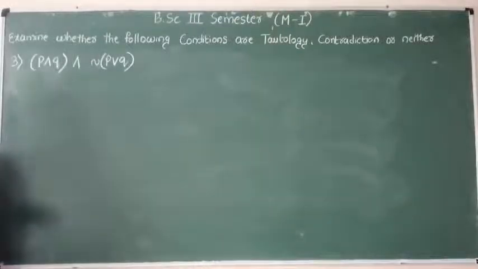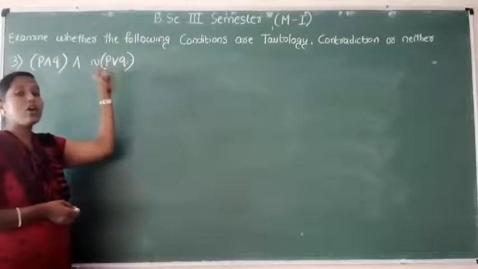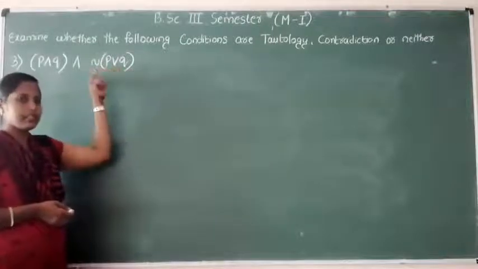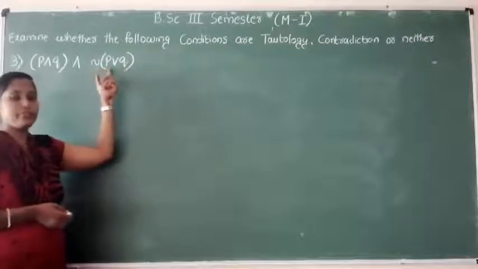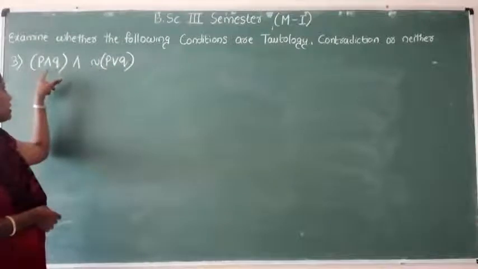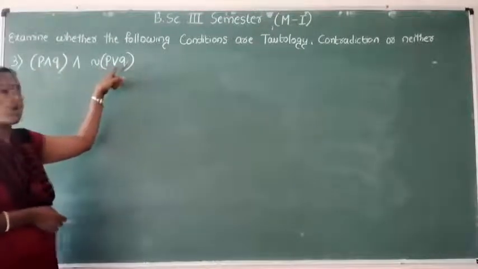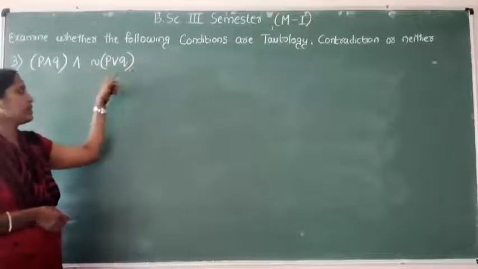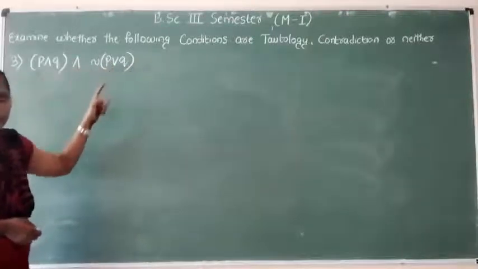Let us solve the third example: P and Q, and negation of P or Q. Two elements are there: one is P and Q, and here P or Q, to which negation is applied. After that combine these two terms.